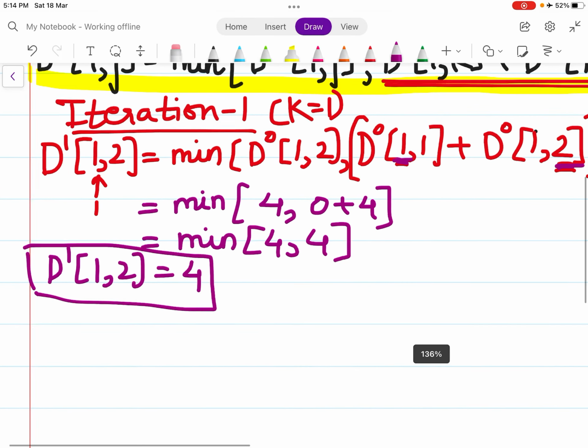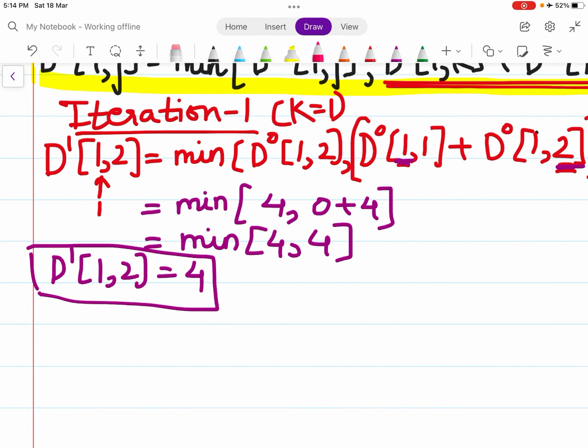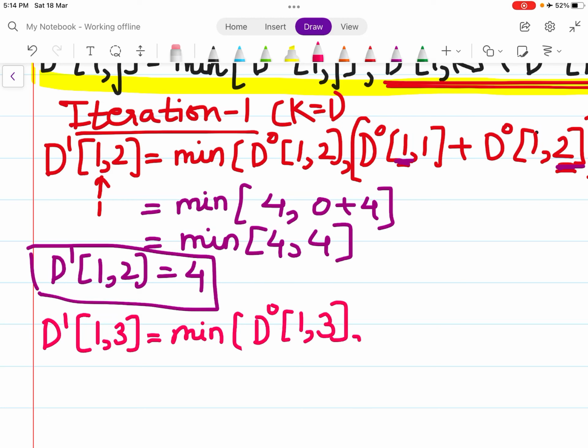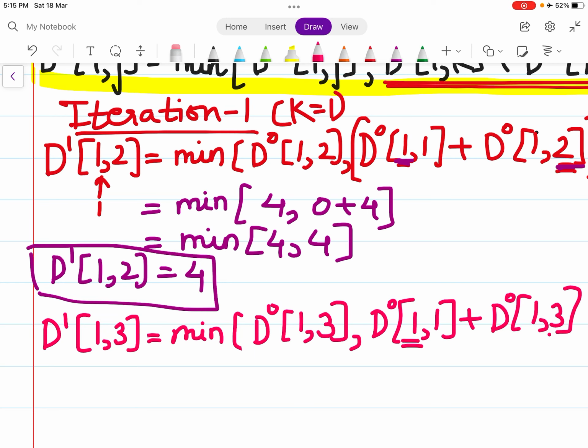Now after 1 comma 2 I will perform 1 comma 3. d1, 1 comma 3 is equal to min of d0, 1 comma 3 comma d0, 1 in between, so 1 comma 1 plus d0, 1 comma 3. 1 is in between 1 and 3.